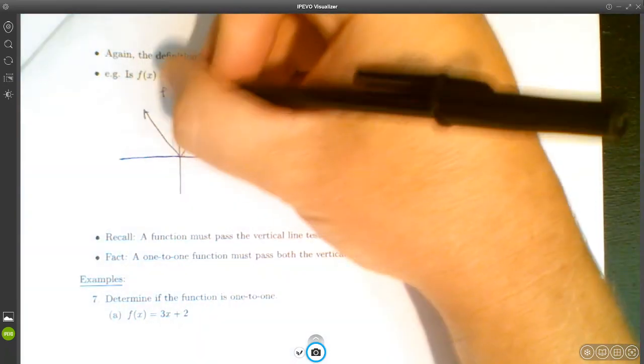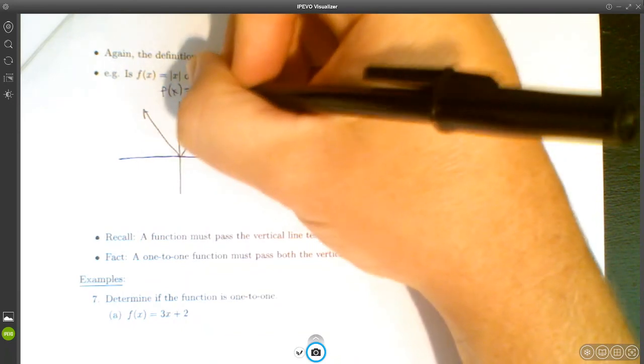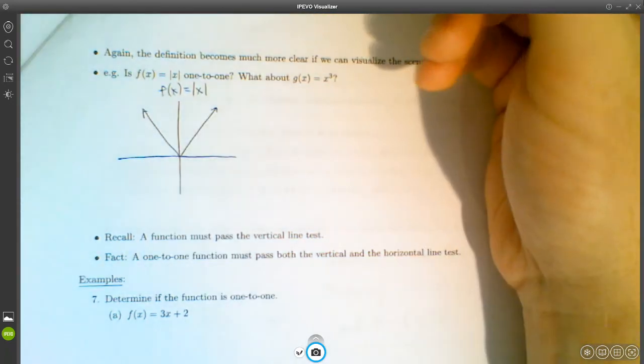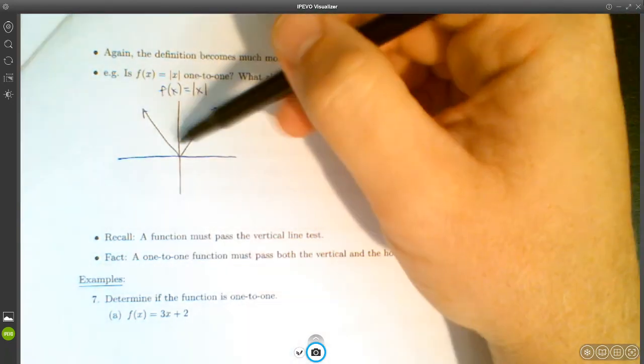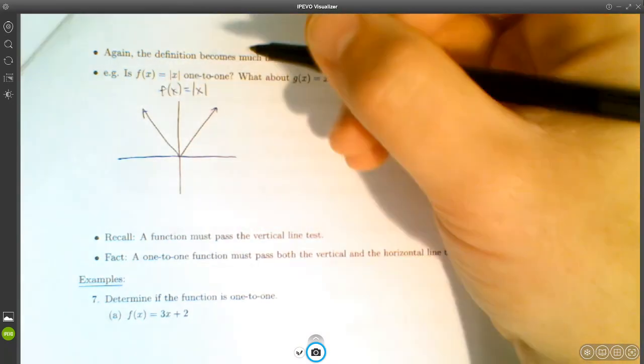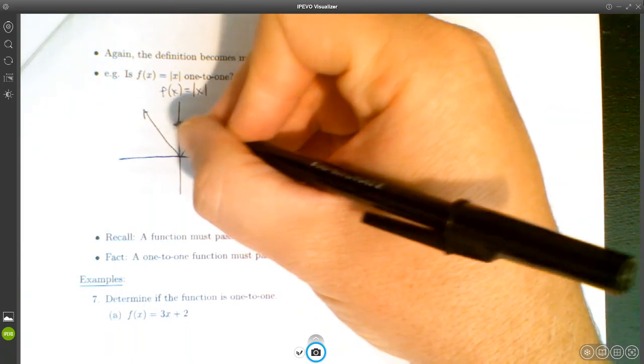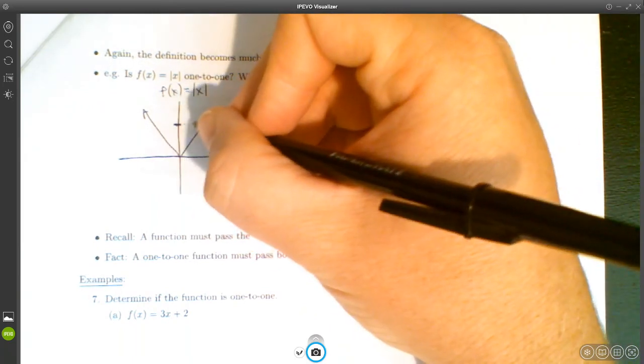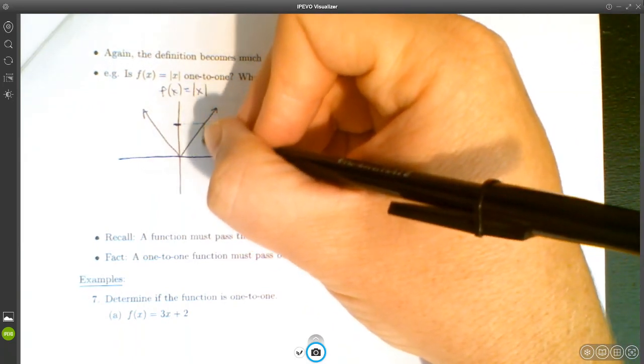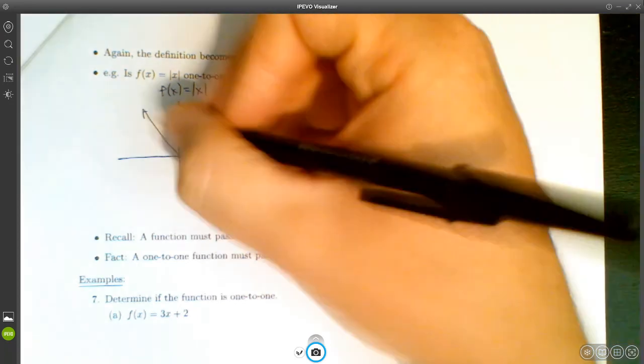Right, so this is f of x equals absolute value of x. Is it 1 to 1? Well, in order for it to be 1 to 1, we would need to have only one input value for each output value. But notice, this output value right here, one of the input values that maps to it is that value, but there's another one, right?